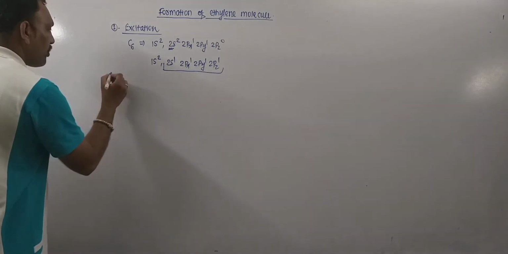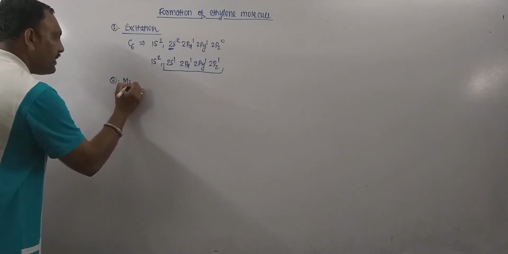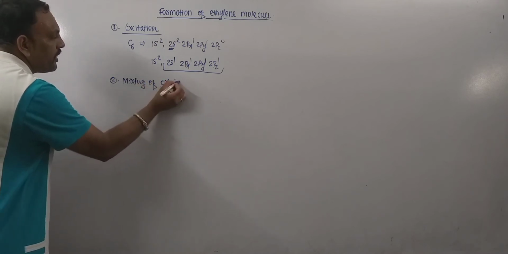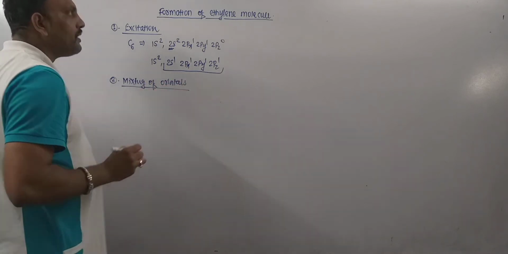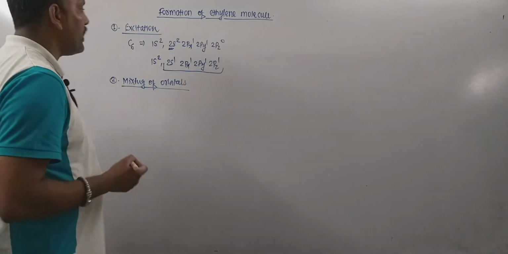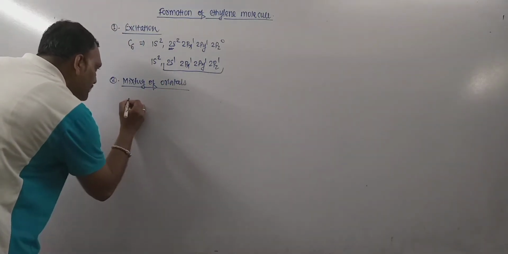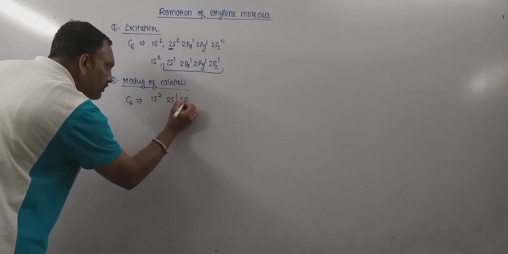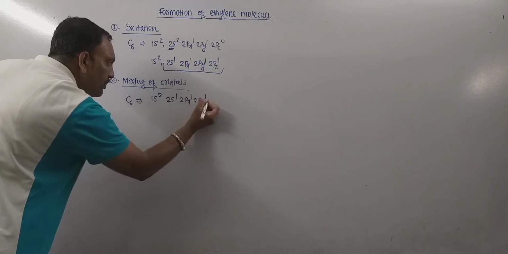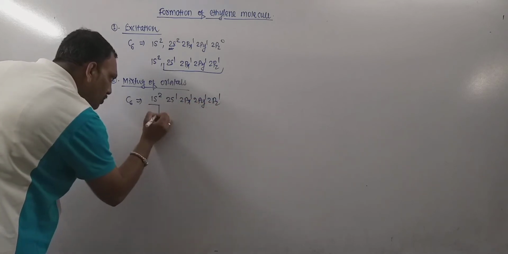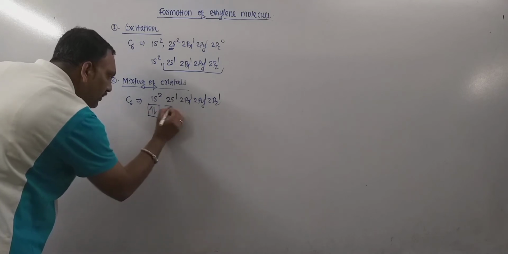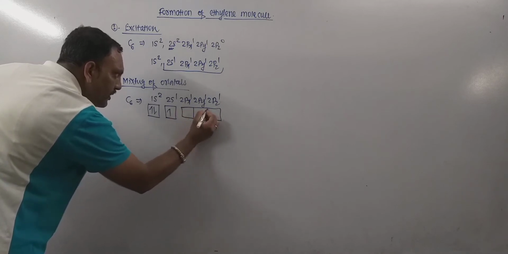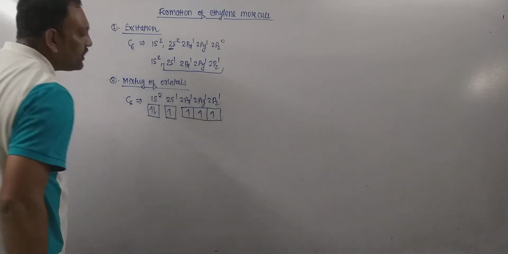Now the second very important thing is mixing and recasting, the mixing of orbitals. We know very well that ethylene is an example of sp2 hybridization. So carbon in excited state can be given as 1s2, 2s1, 2px1, 2py1 and 2pz1. Box diagrams for this can be drawn in this manner. In excited state, carbon contains 4 unpaired electrons in the valence shell.